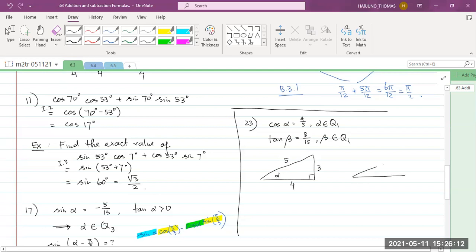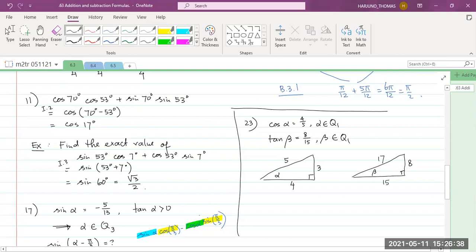For beta, tangent beta is 8/15 by Pythagorean triples. This is 17. And both of them are alpha and beta already, not reference angle. So we can safely say we get all sine, cosine, tangent of these both triangles, both angles alpha and beta.